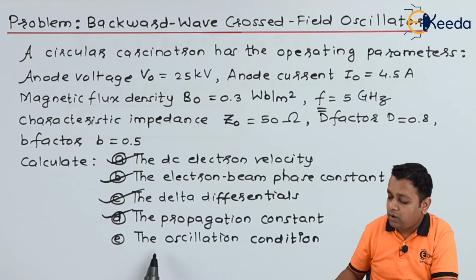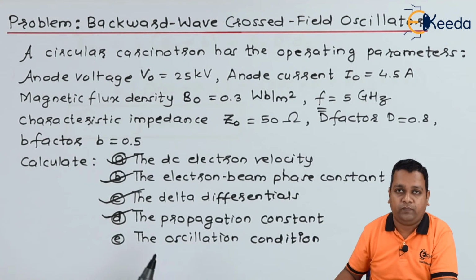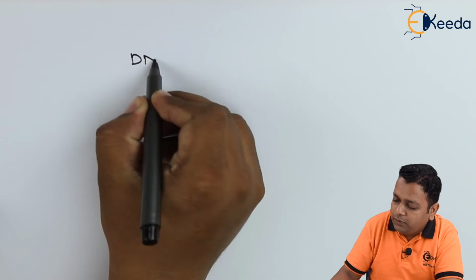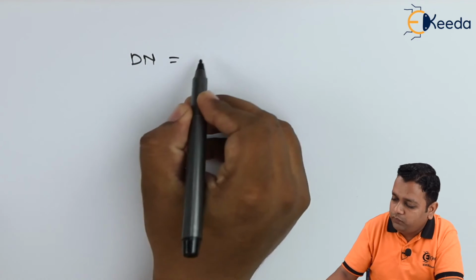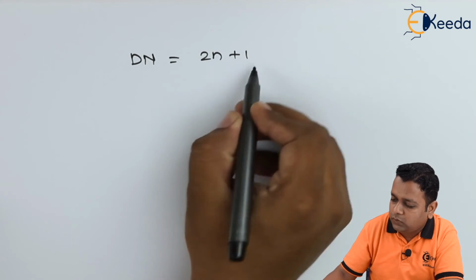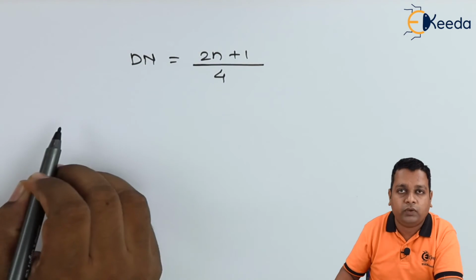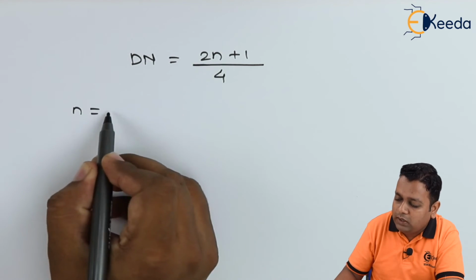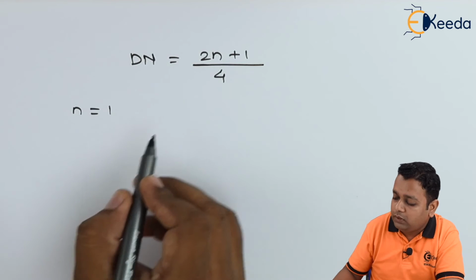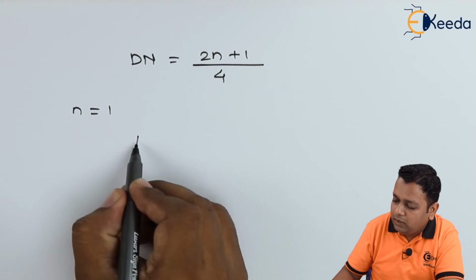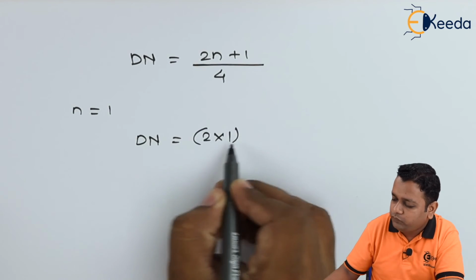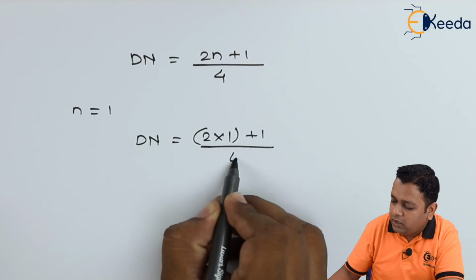At last, we require to compute the oscillation condition. Now the oscillation condition for the device is given by the equation where we have capital D n is equal to (2 small n plus 1) divided by 4. So for this equation we can substitute the value of small n to be equal to 1. Therefore, the above equation will imply capital D into n will be equal to (2 into 1 added with 1) divided by 4.